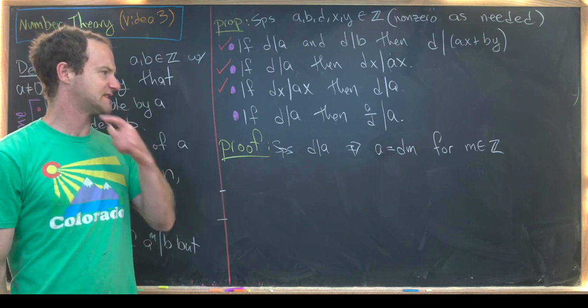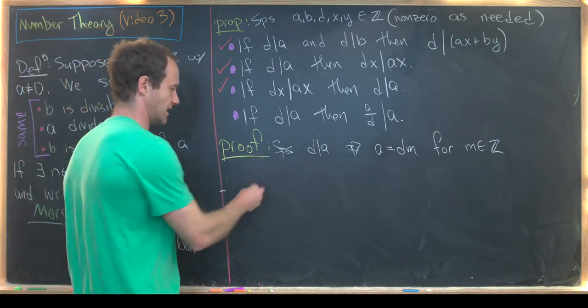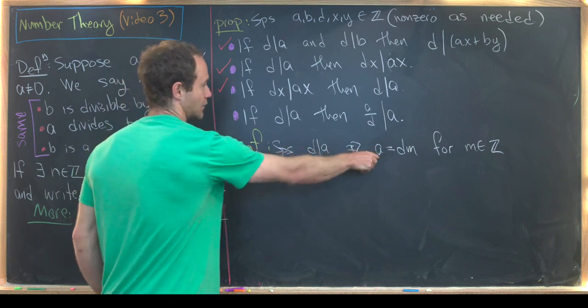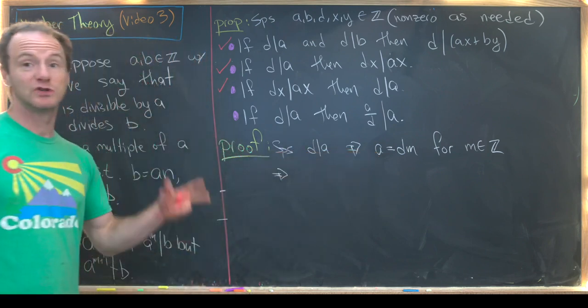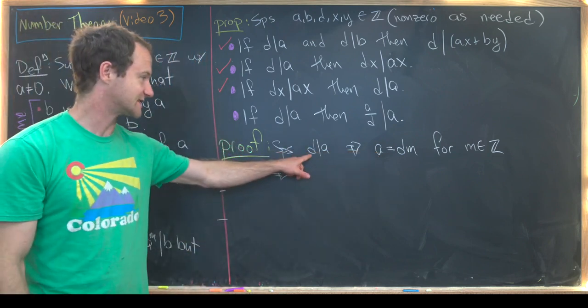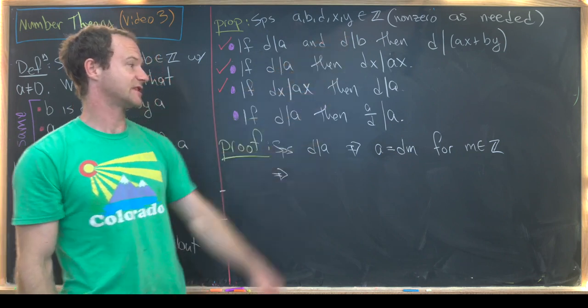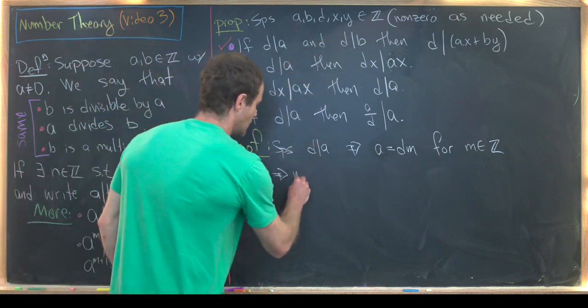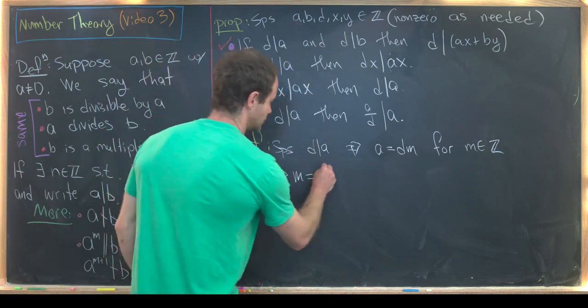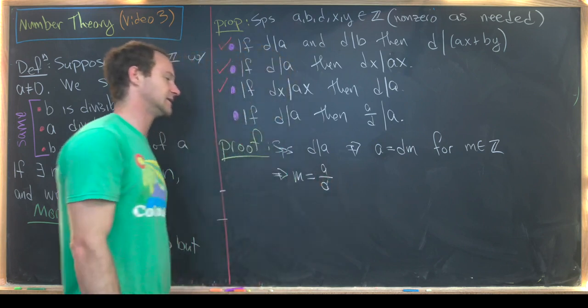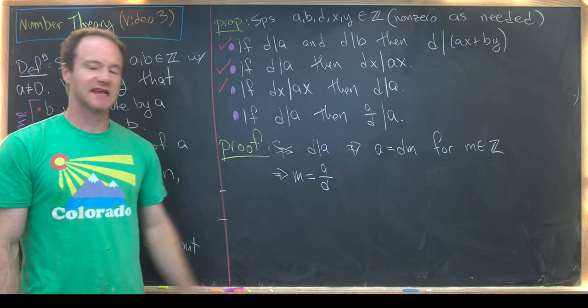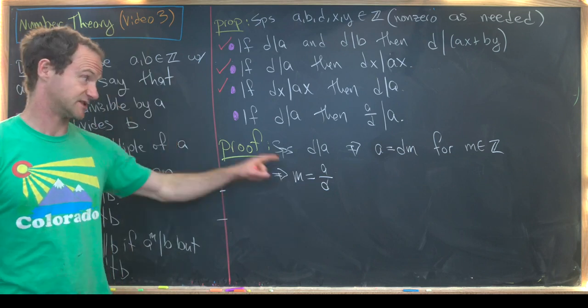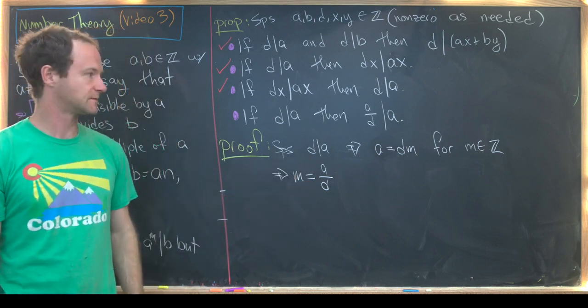Okay, but let's see, what is that integer m? Well, if we divide both sides of this by d, which we're allowed to do because we know d is non-zero, because everything's non-zero as needed, we get that m is equal to a over d. Now, this looks like it's happening in the rational numbers because it's a ratio of two integers.